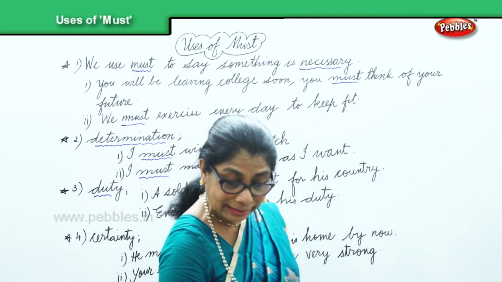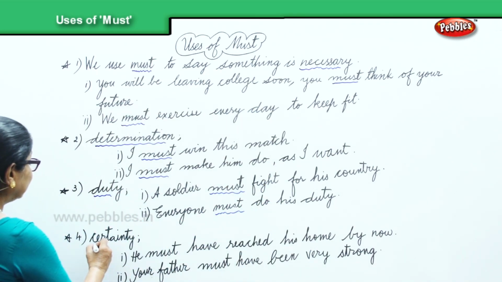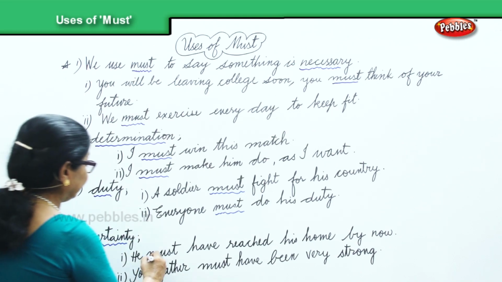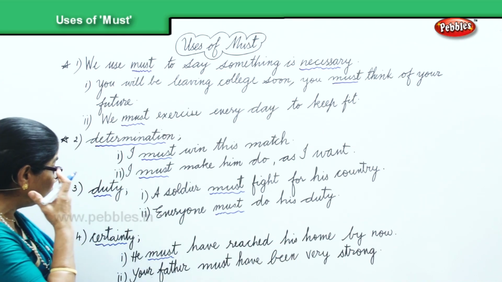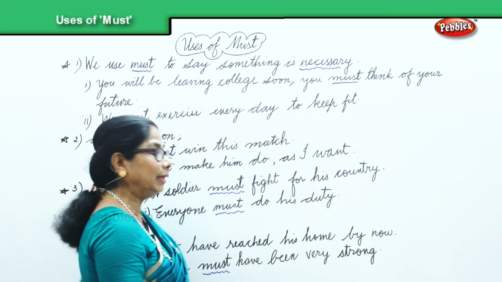Now, these are the four categories where we use must. So, the last one is certainty. He must have reached his home by now. Your father must have been very strong.